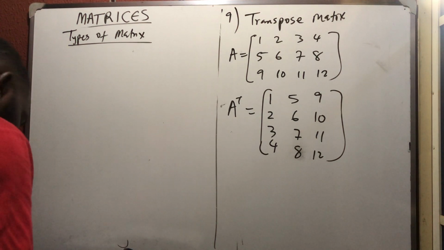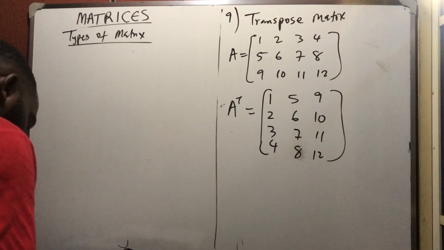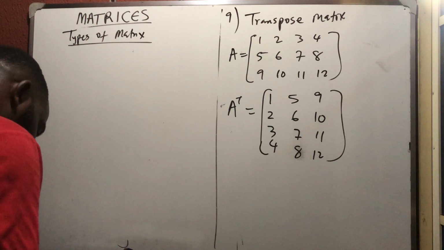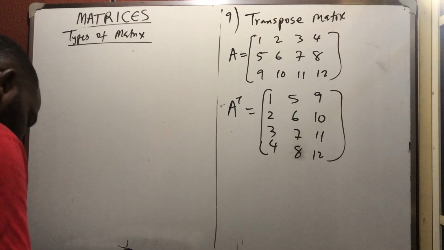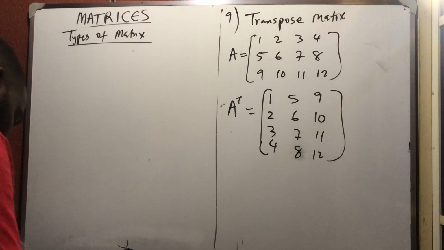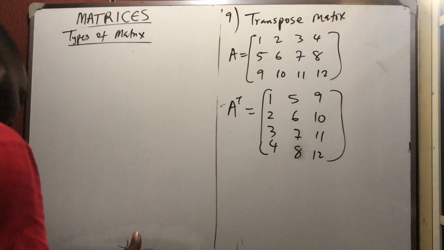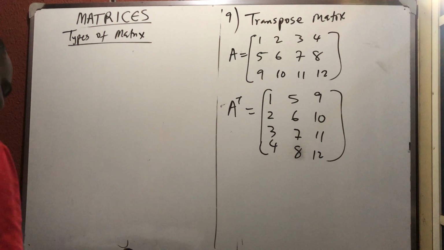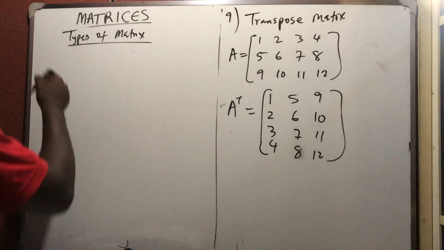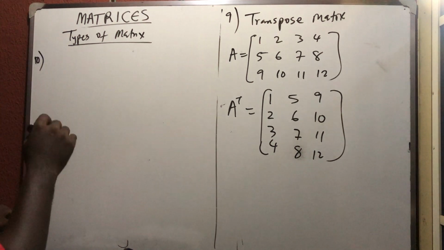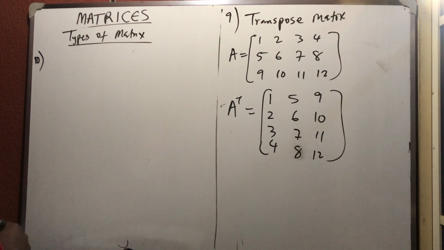They say that a matrix is symmetric if every element a_ij is equal to a_ji. In a symmetric matrix, the elements in the upper triangular are the same as the elements in the lower triangular. First of all, it's going to be a square matrix. That is the first thing you will know.